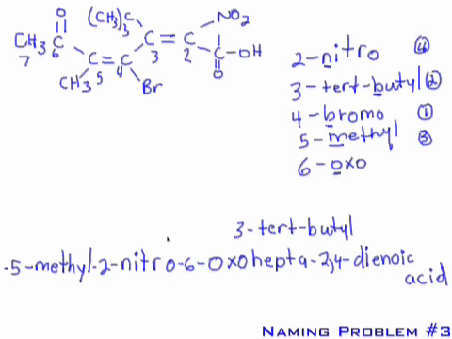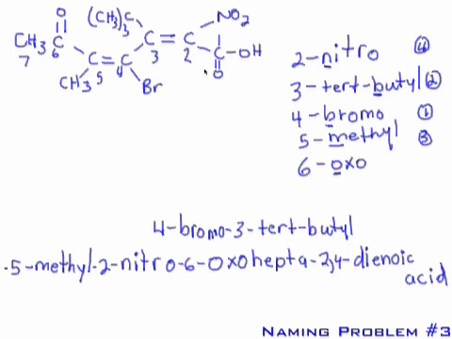In front of tert-butyl is the 4-bromo. So 4-bromo, 3-tert-butyl, 5-methyl, 2-nitro, 6-oxo, hepta 2,4-dienoic acid.